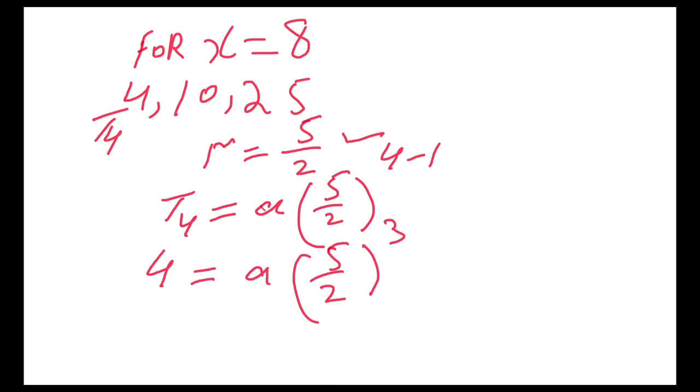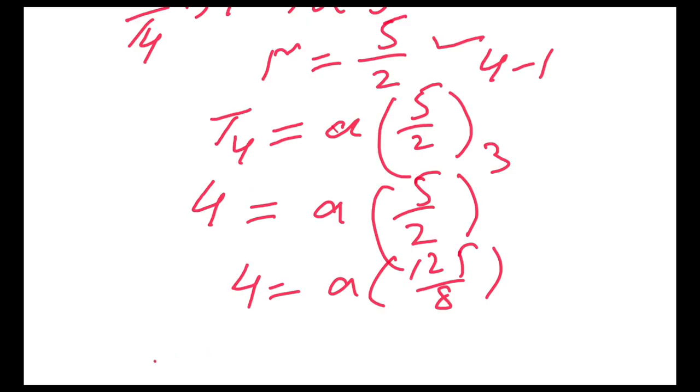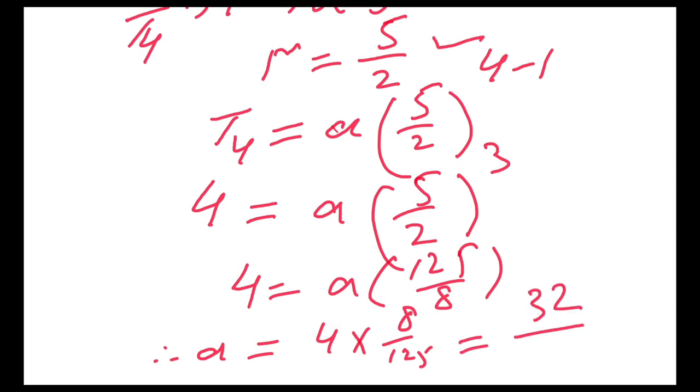Now we're going to solve for a here. I use my calculator. The answer on this side is a times 125 over 8 is equal to 4. Therefore, a is going to be equal to 4 multiplied by 8 over 125. Invert: 125 over 8 becomes 8 over 125. So my answer is 32 over 125.